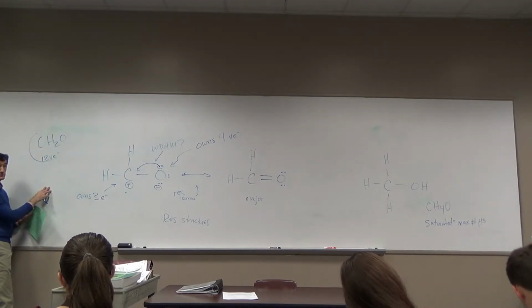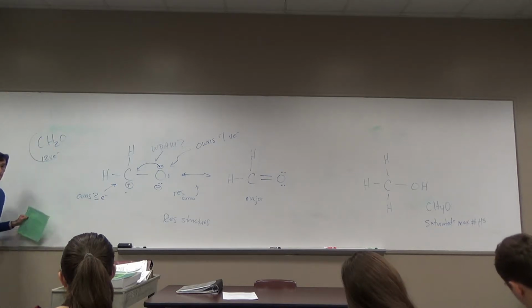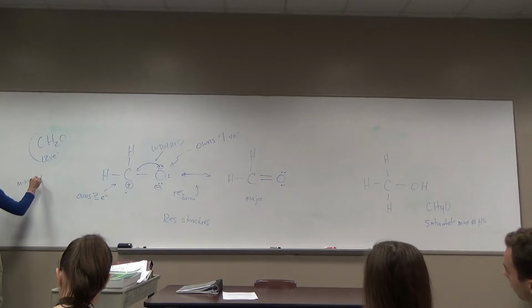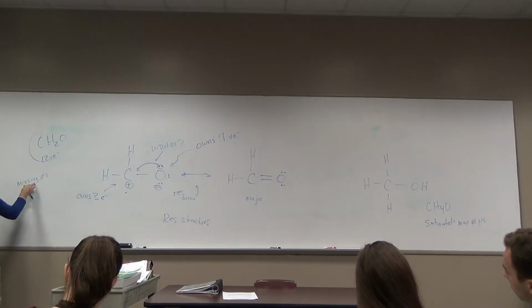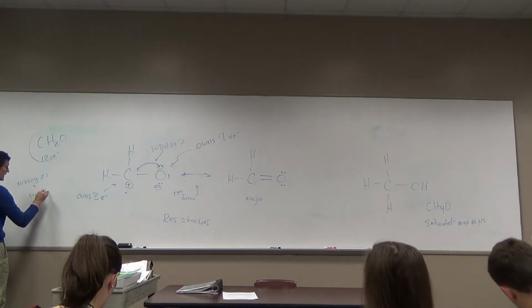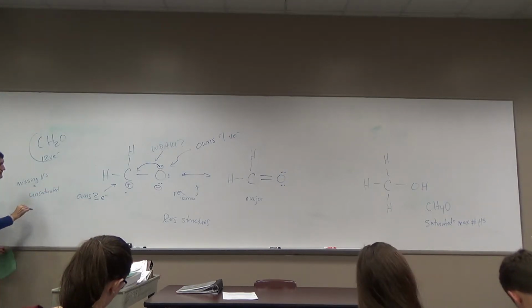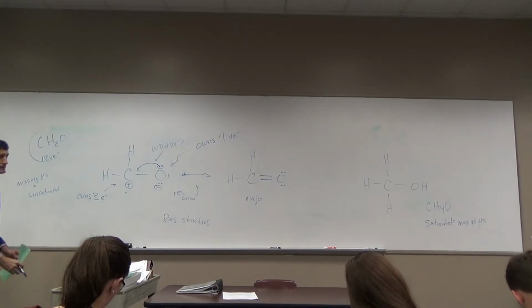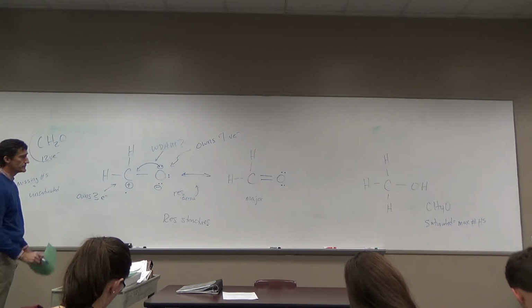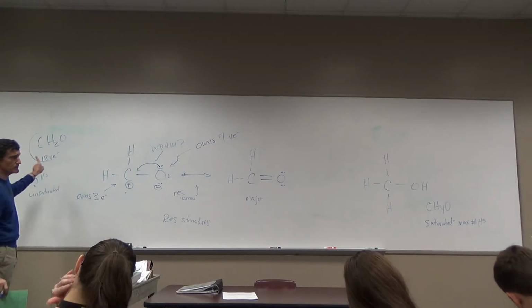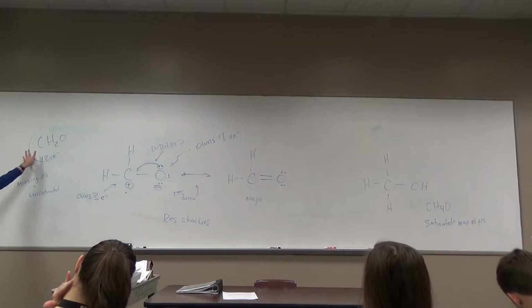But you're missing H's. Okay? You're missing H's. Well, this is not well defined yet. This is going to be unsaturated. Okay? That is, it's not saturated with H's. It does not contain all the H's. And it turns out that, how many H's are we missing from saturation here?